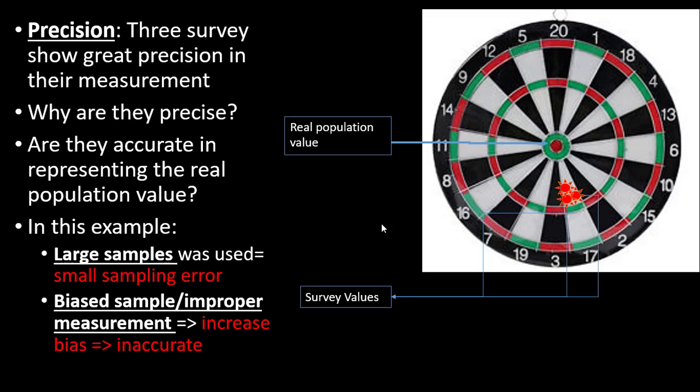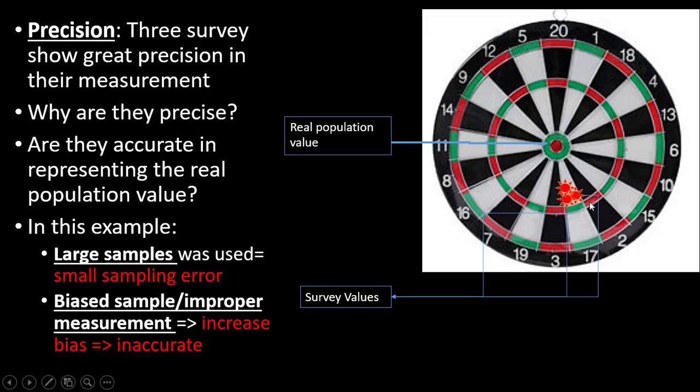Now let's take a look at another one. You have 3 surveys, and the 3 of them are quite close together. So in this situation, we have a precise measurement, which means the instrument and the sampling were done quite well.